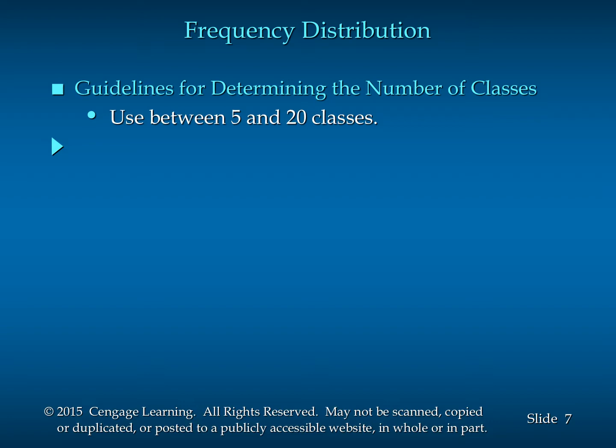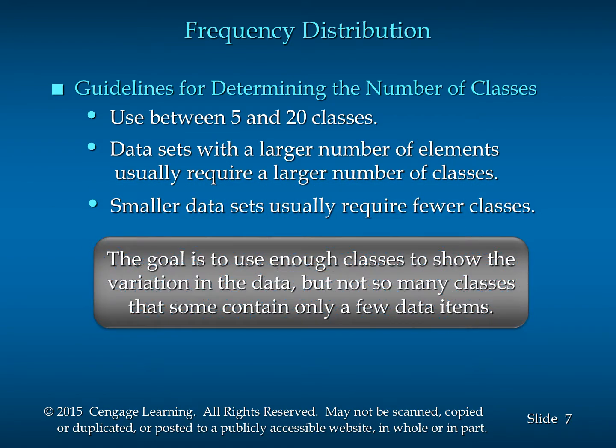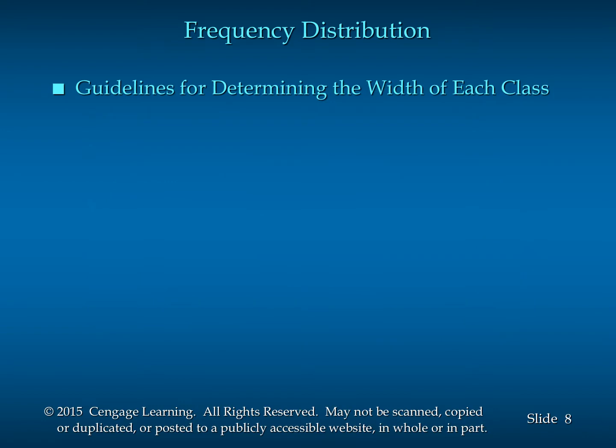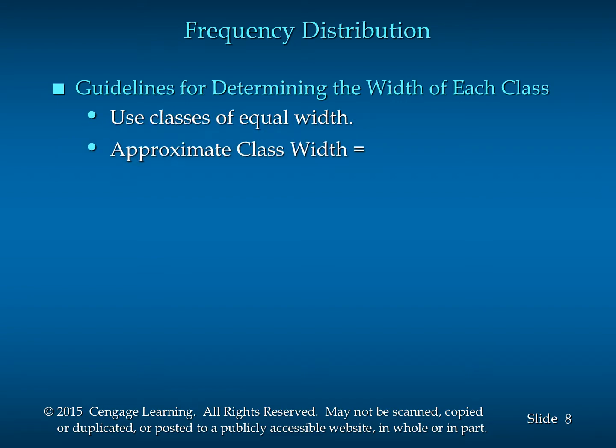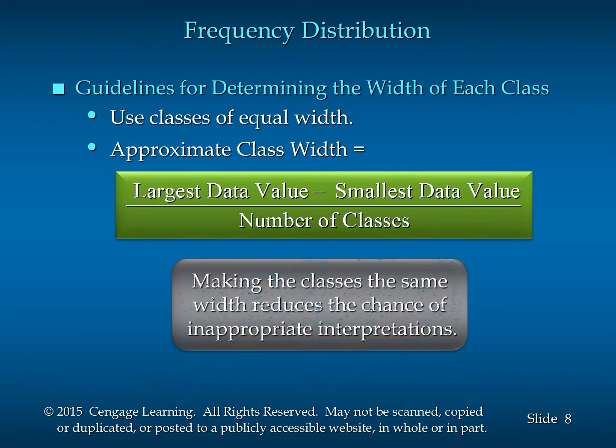There are some guidelines for determining the width of the classes in these next few slides. The goal is to use enough classes to show the variation, but not so many that some contain only a few data. Making the classes the same width reduces the chance of inappropriate interpretation.